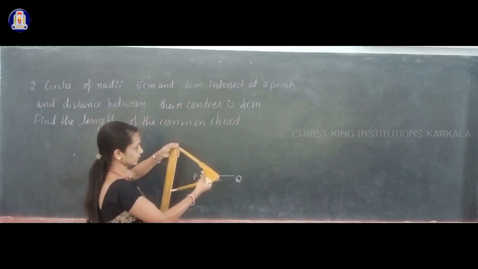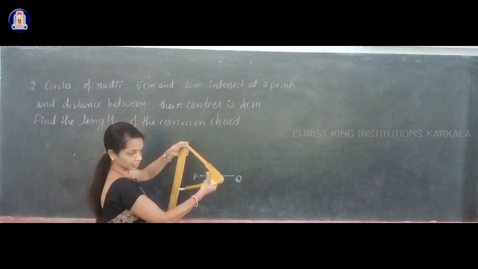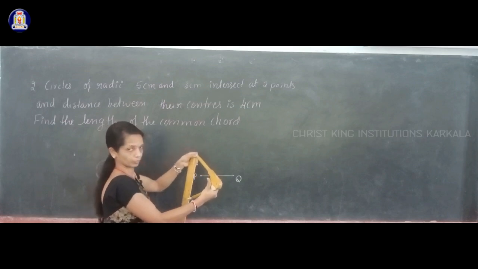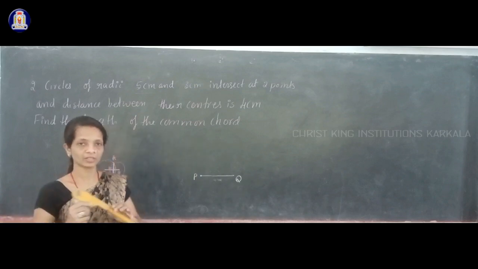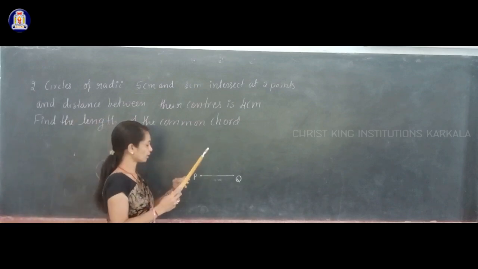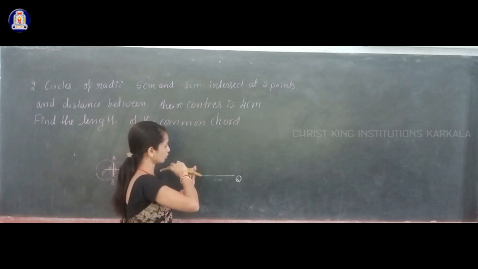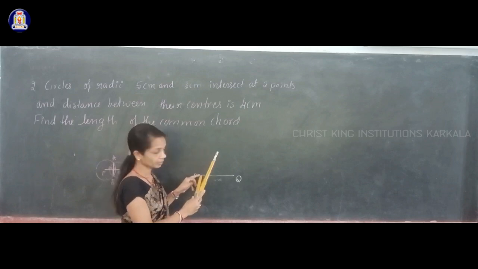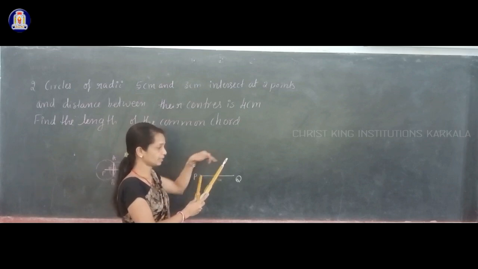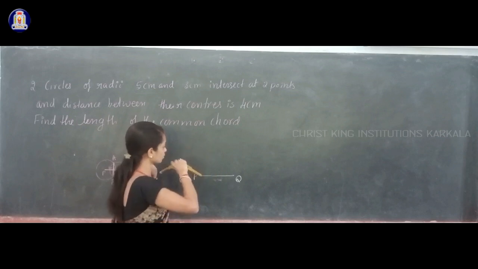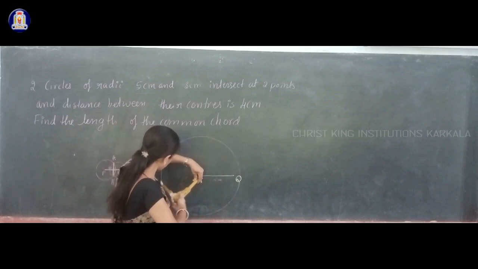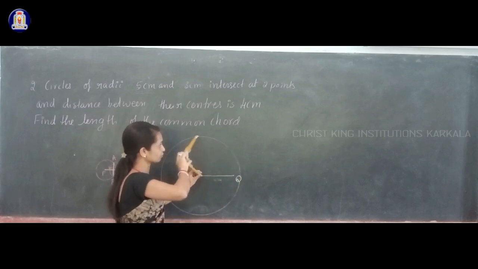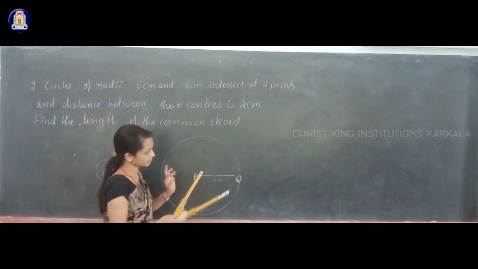One tip must be at the 0 of your scale and the other tip of the compass must be at 5 on your scale. So now your compass is set to 5 centimeter, and you draw one circle by taking P as the center and radius 5 centimeter. Complete the circle. Draw a circle of radius 5 units with P as the center.